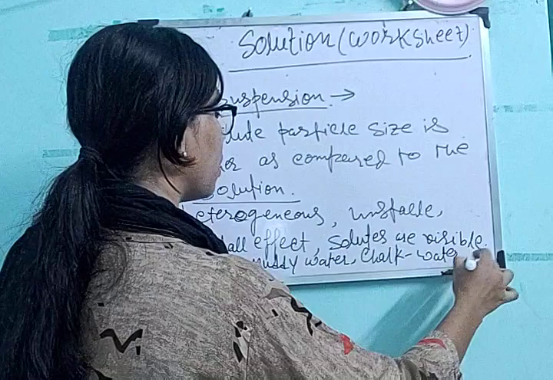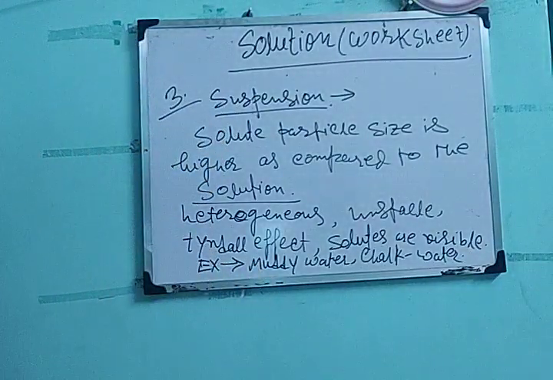When you mix mud or chalk in water, you can see the mud and chalk particles in the water with the naked eye. That is the difference: the particle size is much higher, and that's why we can see it. Generally they are unstable.